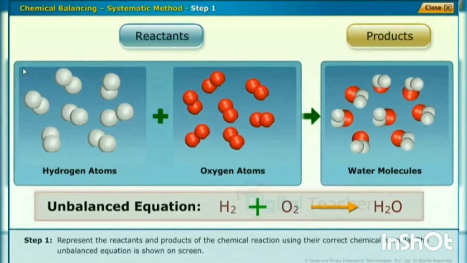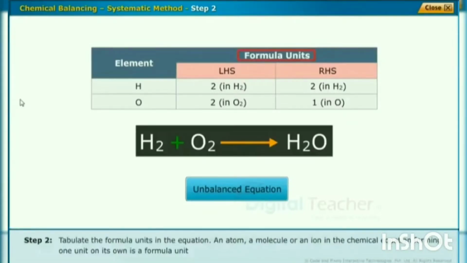As we can see, here there is a reaction occurring between hydrogen and oxygen to give us a water molecule. Here the reactants are hydrogen and oxygen while the product is a water molecule. An unbalanced equation is represented over here as H2 plus O2 will give us H2O.